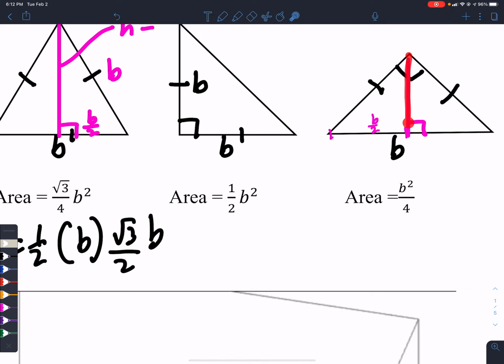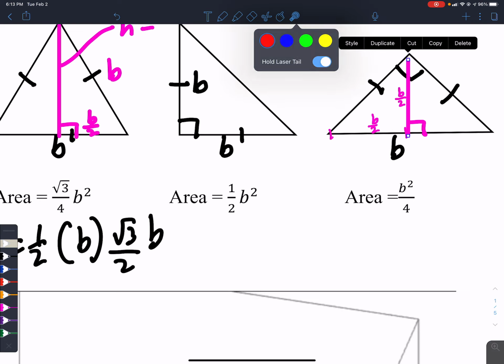But since you drop this perpendicular, this is a right angle, this is a 45, 45, 90, it's isosceles itself. So that's going to make this also b over 2. So when you drop this down, that's 90, that's already 45, so that's 45. So that is isosceles, so these two are the same. So now you have your formula.